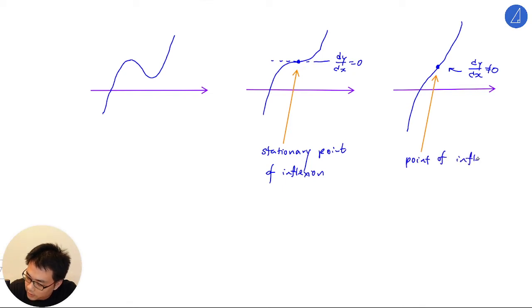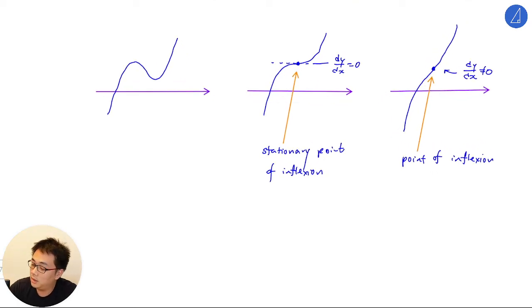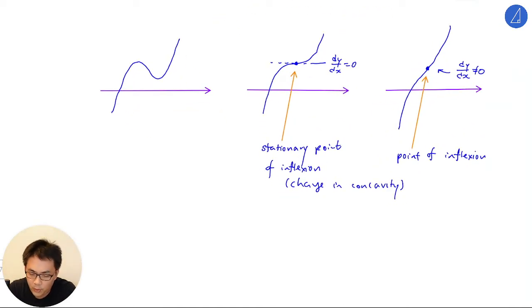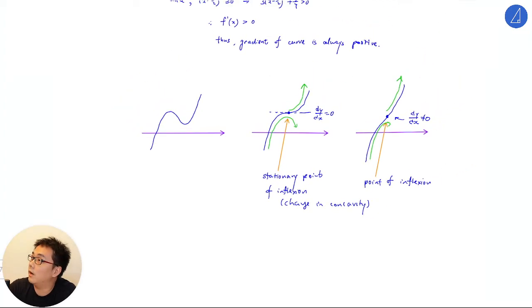What is point of inflection? Point of inflection is the point where you change concavity. So in our prelim revision set, we already discussed this is concave downwards here. This is concave upwards here. This is concave downwards here. This is concave upwards here. All right. So for cubic function, you will change in concavity at the point of inflection.